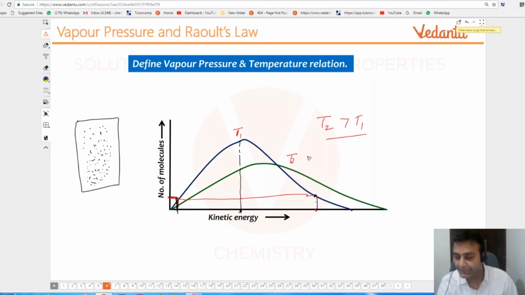Now, if I raise the temperature, all the particles will start moving with a comparatively higher velocity. So the average will increase, and that's how this graph comes about. T2 is greater than T1. This is very clear now.